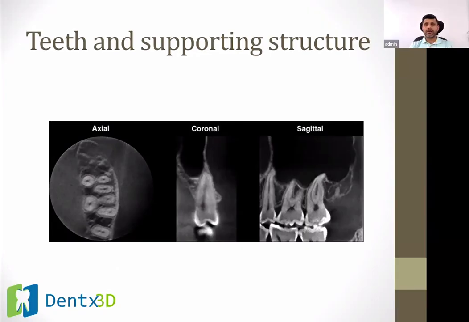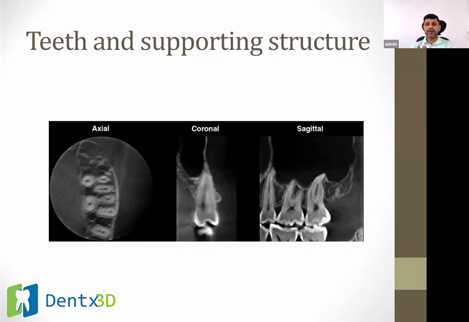Secondly, whatever is soft tissue will appear green. So your tongue, your gingiva, your lips, your buccal mucosa, your soft palate, your mucosal thickening in the sinus, everything will appear as green.